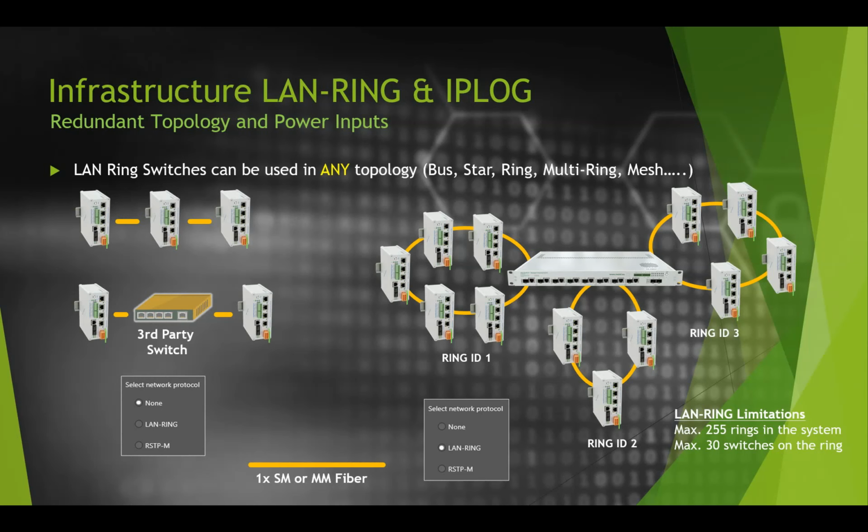The limit of 30 switches per ring is only so that there are not too many switches dependent on the backup route in the event of a failure. The system is still working, but in the event of a second fault, there is already a risk of an outage. So if you absolutely need to connect multiple switches in a ring, it is possible.